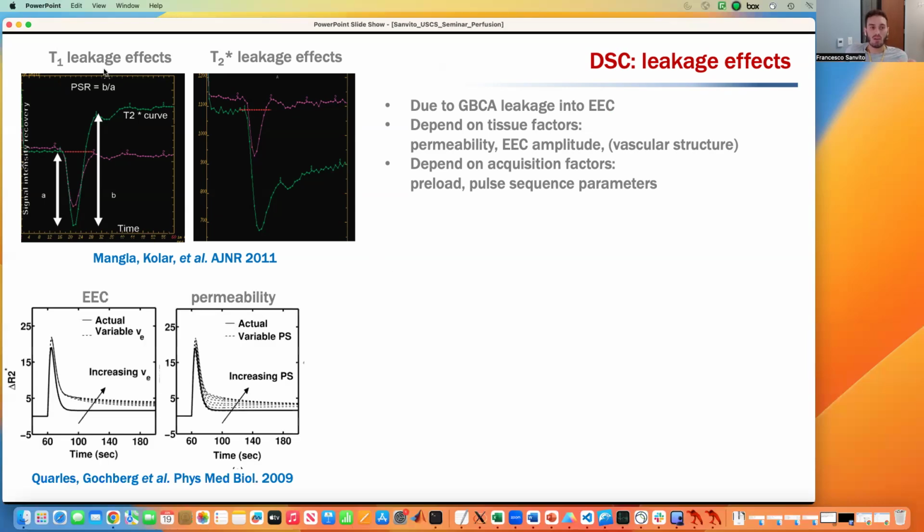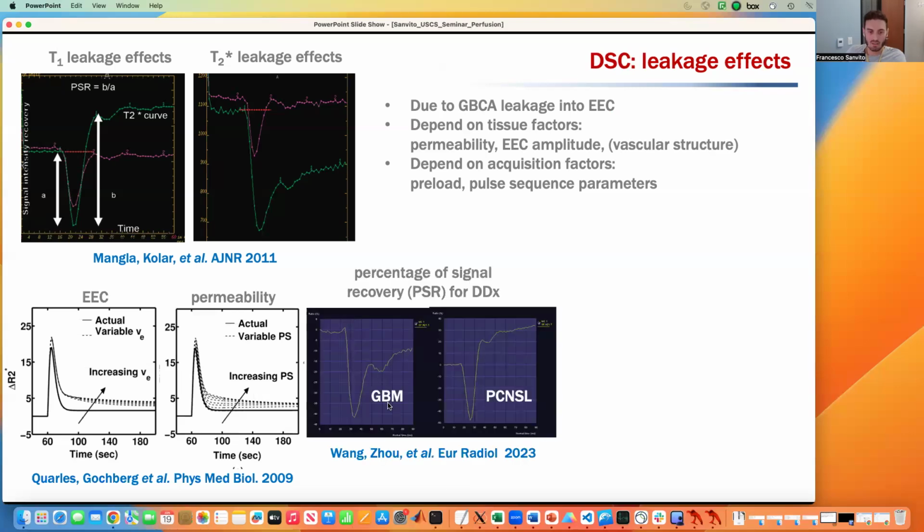The reason why either happens is very complicated; it has to do with tissue factors in terms of how much permeability the vascularity has, how much extravascular space the voxel has.